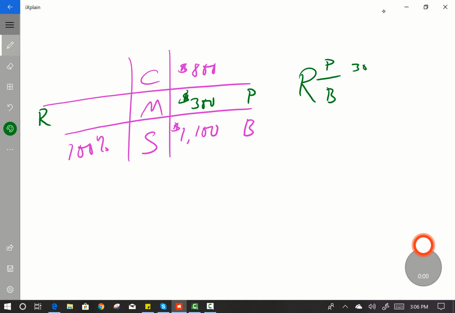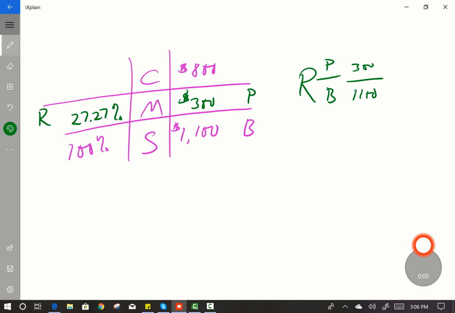It's 300 divided by the base of 1,100. Are we rounding to the nearest hundredth? So that's 27.27%.